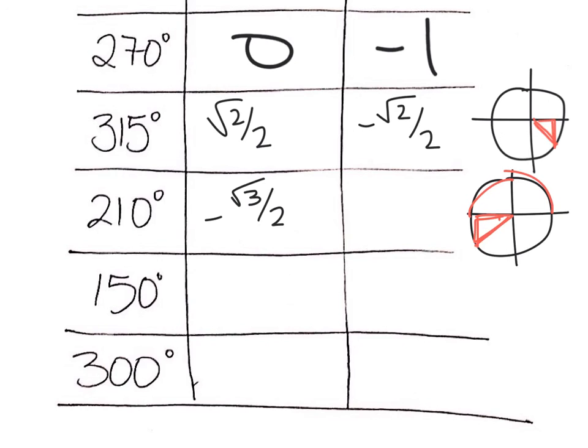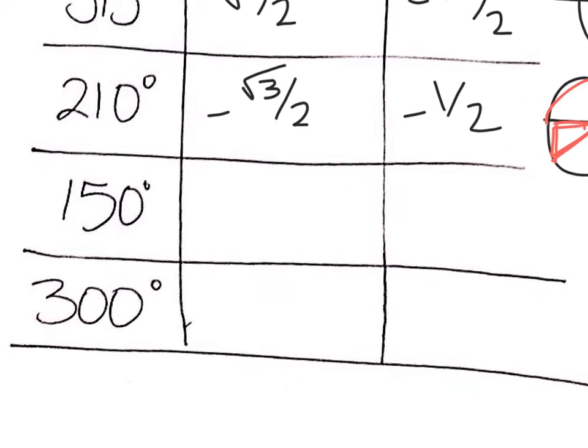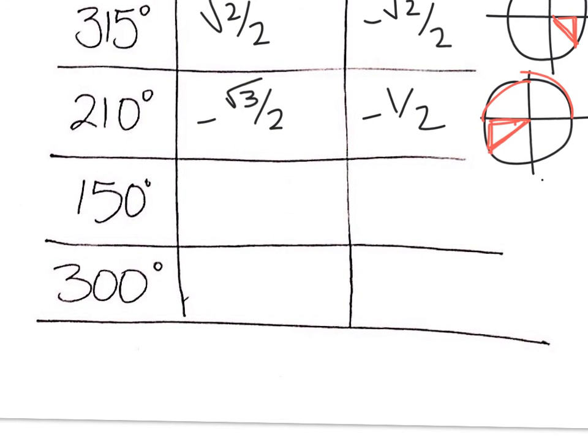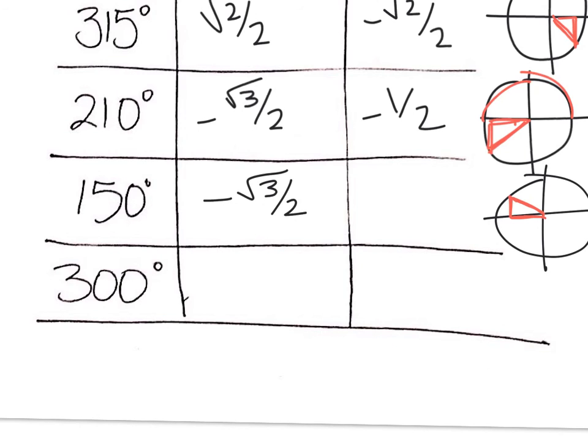And our sine is negative 1/2. 150 degrees is 30 less than 180, so it'd be right here. Our cosine is again negative root 3 over 2, and our sine would be a positive 1/2.